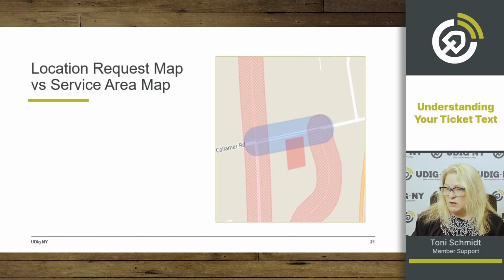When the location request map layer, the solid blue polygon, touches the member service area layer, the solid pink polygon, the service area is then added to the request as an affected service area. Please note, the map is only used as a tool for the software to select the affected service areas within the general area of excavation.